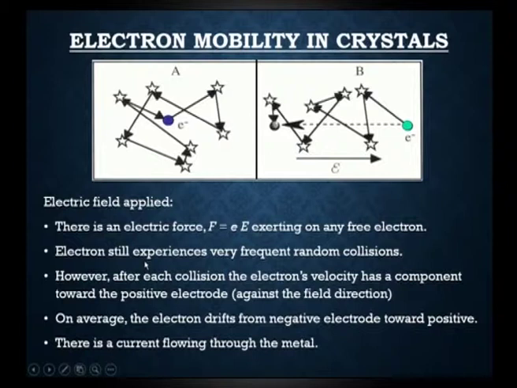The electrons still experience very frequent random collisions, and after each collision the electron's velocity has a component toward the positive electrode, against the field direction.